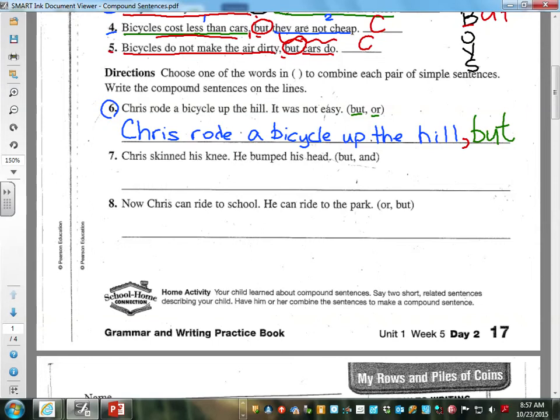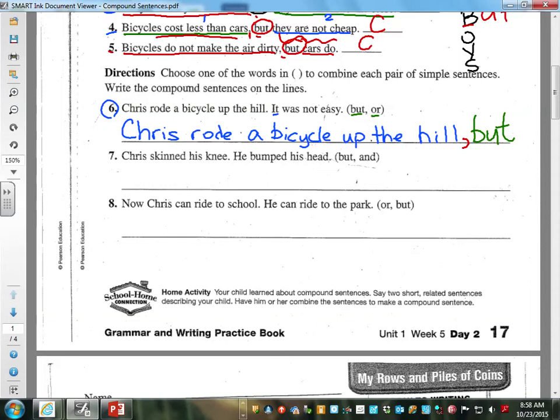Now, am I going to add the capital I for the word it? No, I'm not, because is this a new sentence? No. It's one continuing sentence. So I'm not going to add a capital letter because I'm not beginning a new sentence.